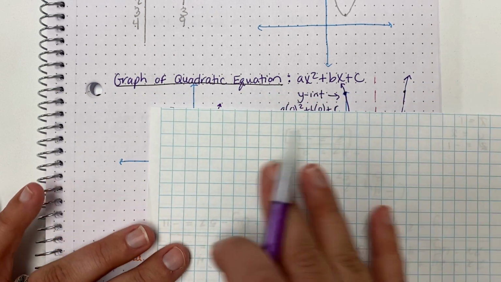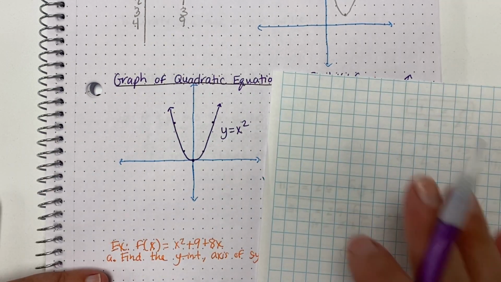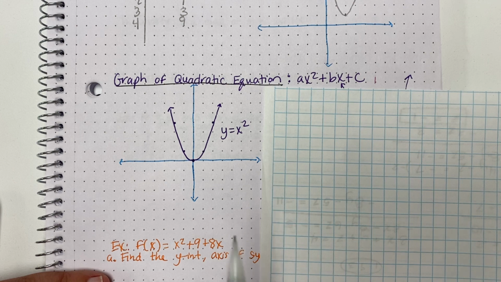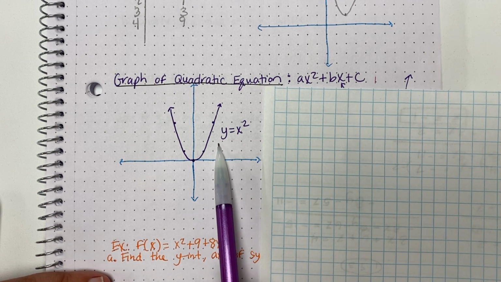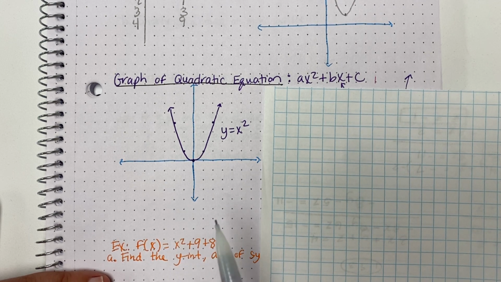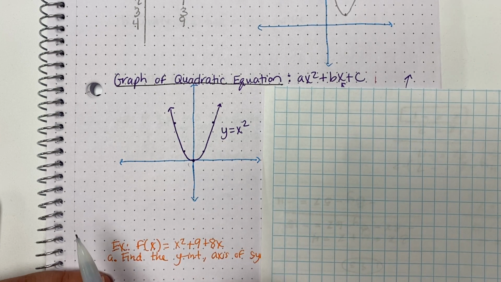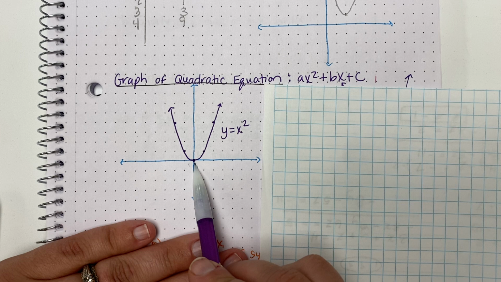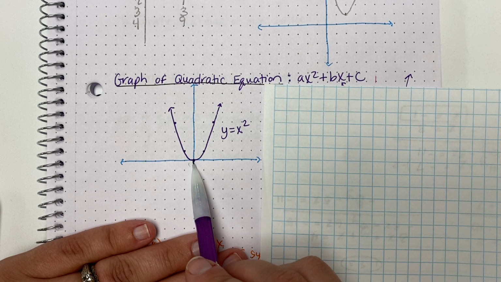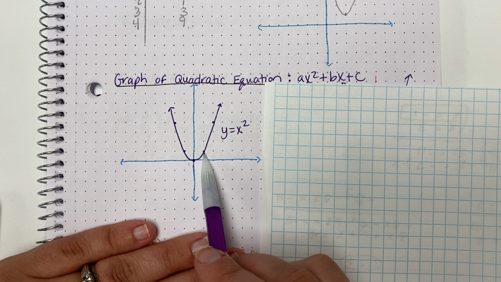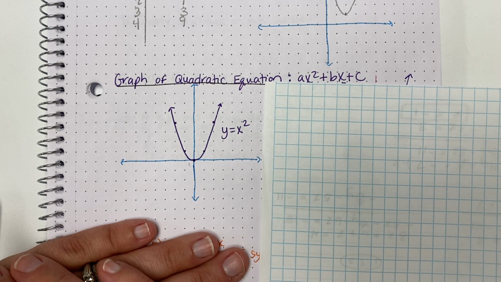The first thing I'm going to show you here is we've talked about parent functions, and this is just our regular x squared function. So if we were to plug the points in, our x squared function looks like that. The bottom of our parabola starts at 0, 0. Our next point goes 1, 1, and so on.